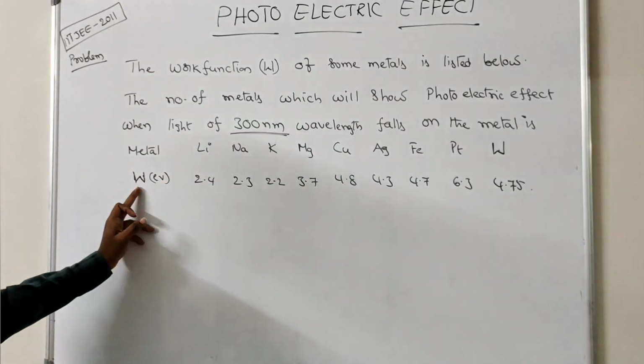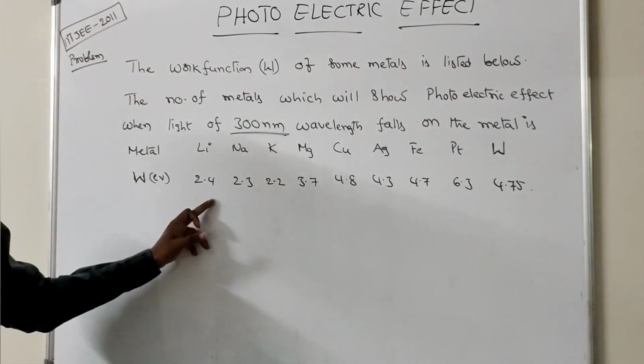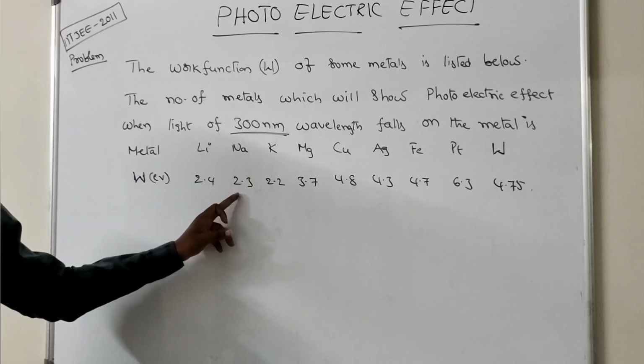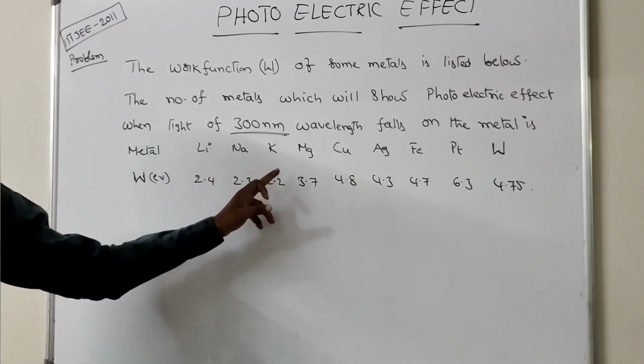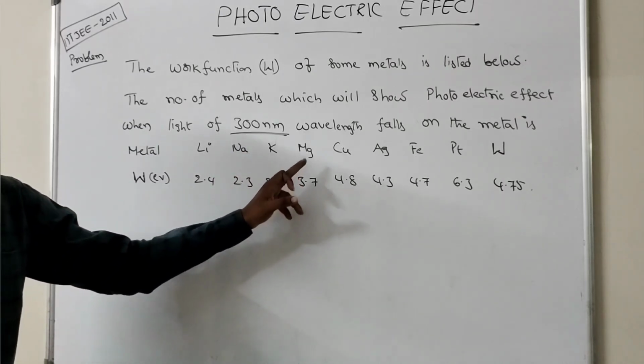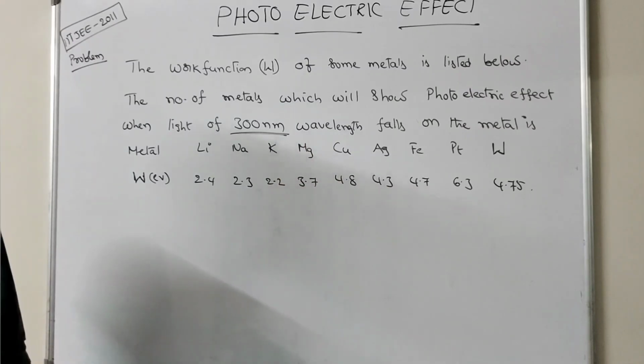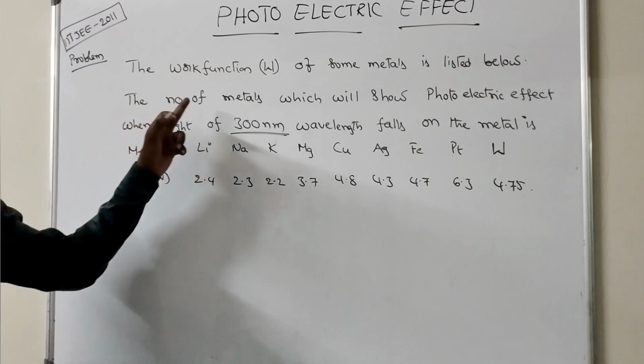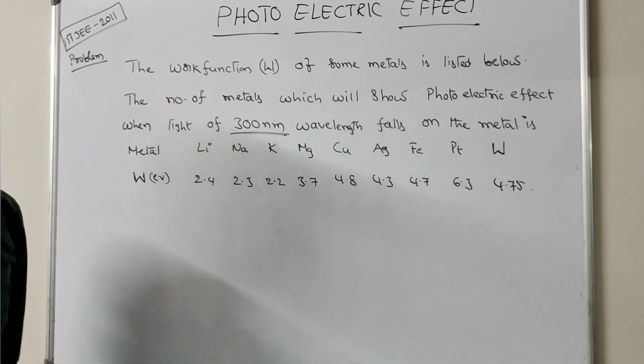Lithium, work function in electron volts 2.4, sodium 2.3, potassium 2.2, magnesium 3.7, copper 4.8, silver 4.3, iron 4.7, platinum 6.3, and tungsten 4.75. The number of metals which will show the photoelectric effect.